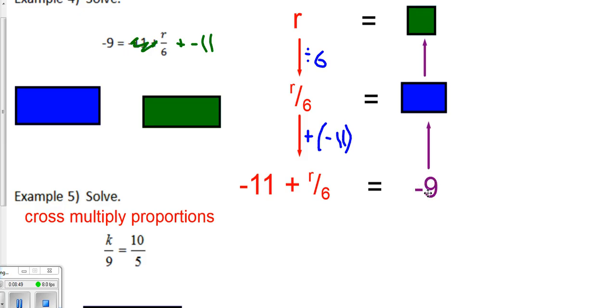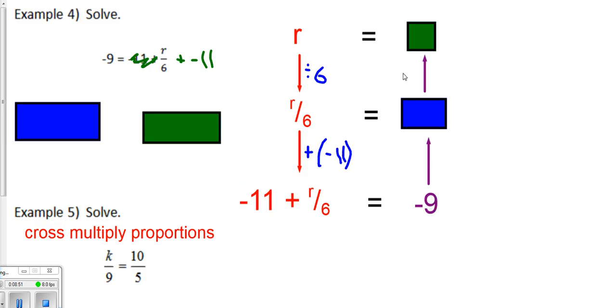So, to move backwards from negative 9 back up to find what r equals, we just have to do the opposite of each of these. So adding negative 11 would be the opposite of subtracting negative 11. That should be a negative. And remember, when you subtract a negative, it's kind of like saying add.